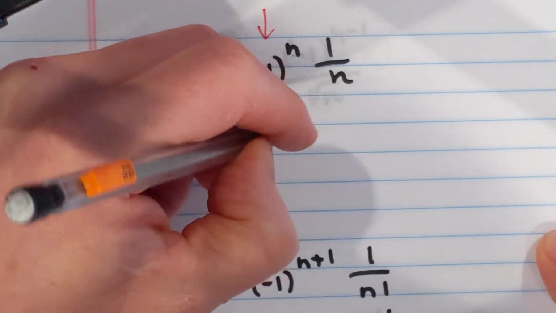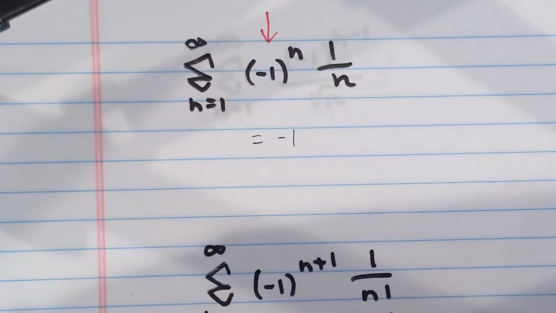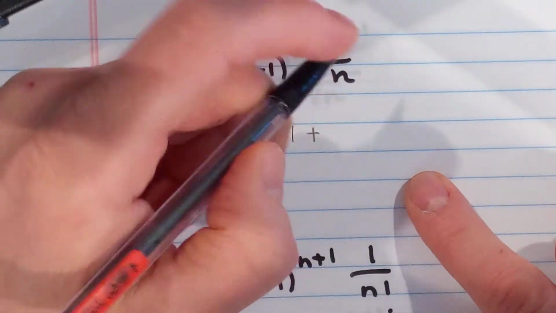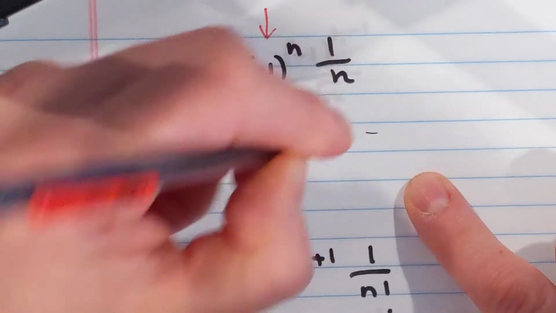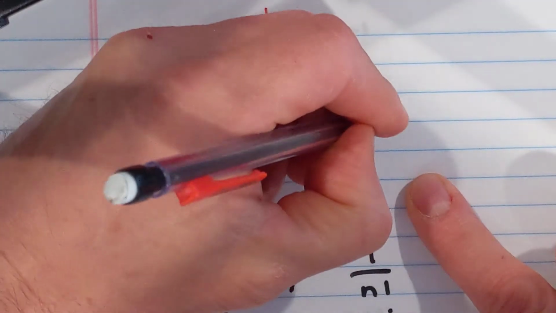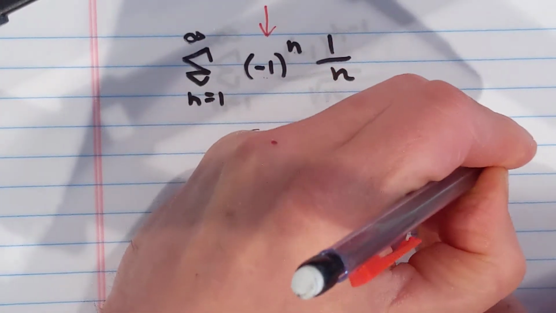But if I start this off, first term is -1. Second term, I plug in 2, I get 1/2. Next one I plug in is 3, so it's -1 to the 1/3. Plus the next one would be 1/4, minus blah blah blah.